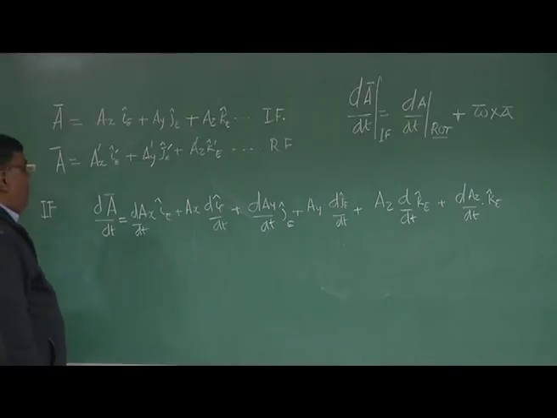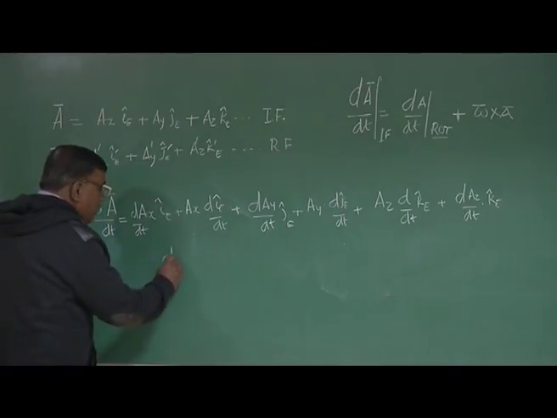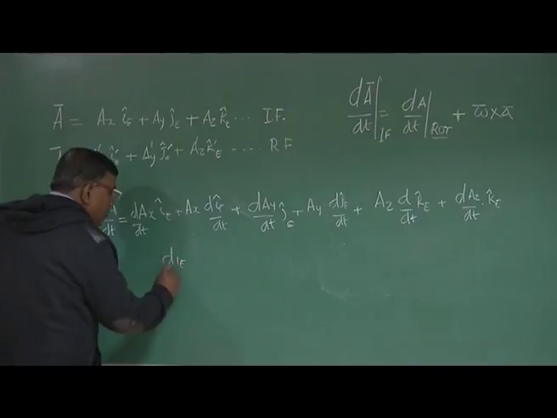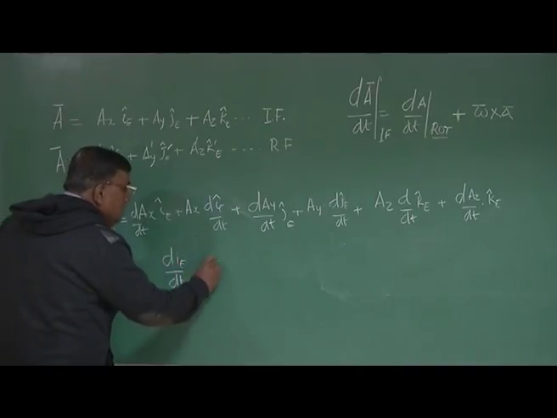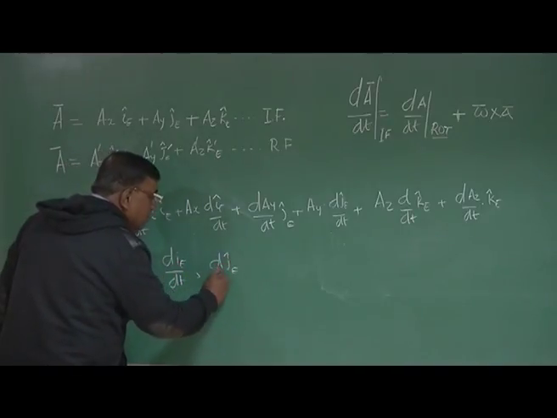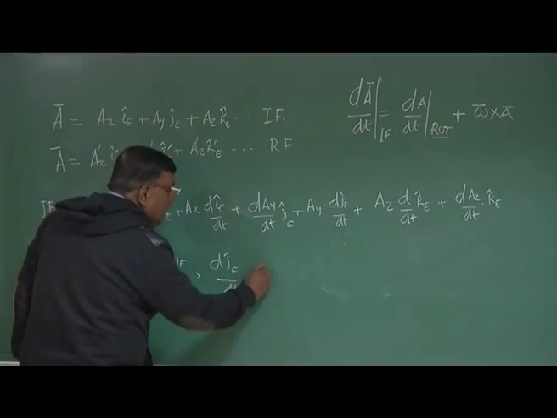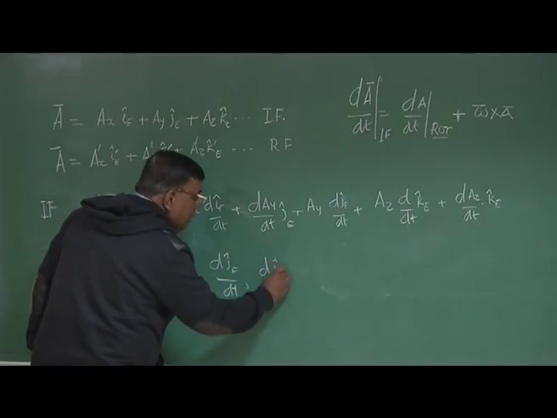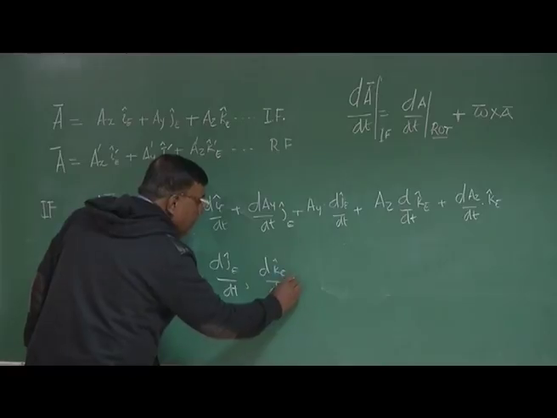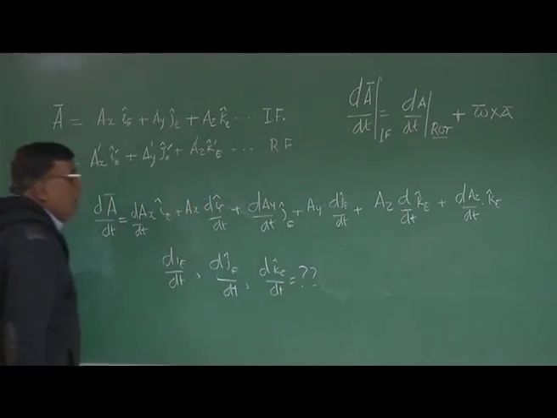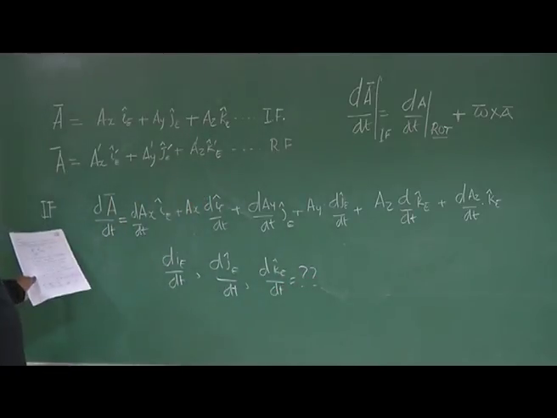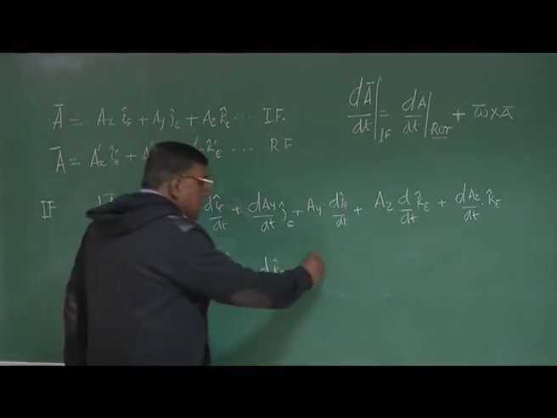Now, what is important? What is the value of di_E/dt, dj_E/dt, and dk_E/dt? Do not forget, we are now computing this in the inertial frame.